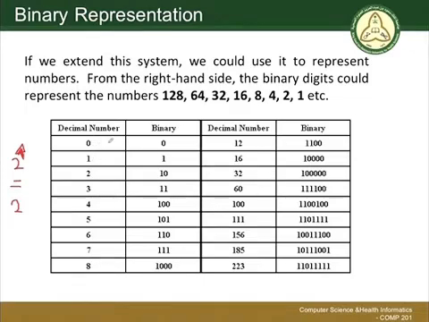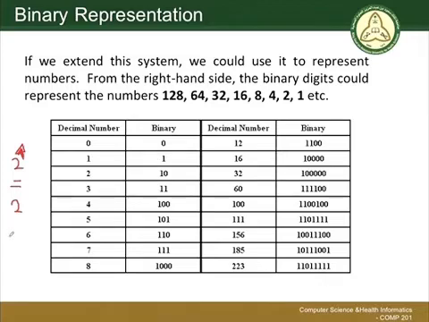I can represent them using only a 1-bit binary number. I can represent the 0 with 0 and I can represent the 1 with 1. But if I come to number 2, I cannot represent it with 1 bit. In order to represent it, I would need 2 bits.